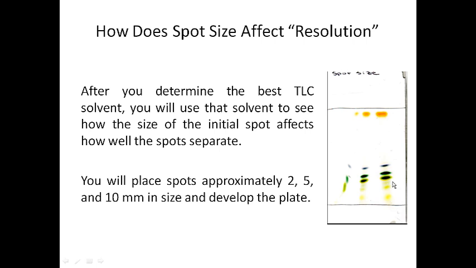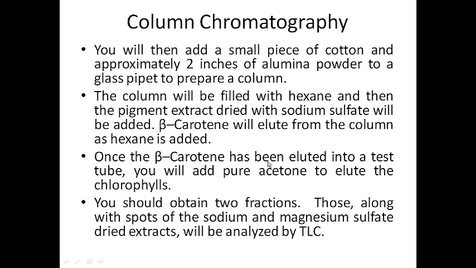And so you're going to investigate the spot size. And then we're going to do a very quick column chromatography experiment. In a few weeks, you will do a much more tedious one as we separate the components of an Excedrin tablet. But in this case, we're just going to prepare a small column, and the goal is to separate the beta-carotene from the rest of the chlorophylls.